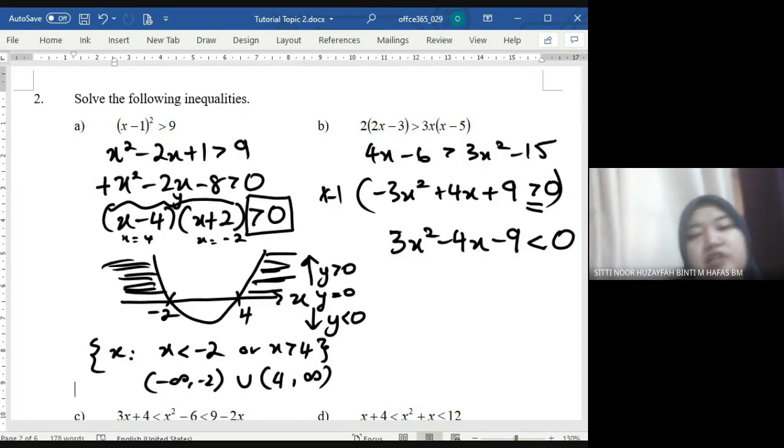Barulah kita lukis kita punya graf. Okay, kalau tekan kalkulator, root dia apa ni? Dapat tak root dia apa? Nilai x, 3x² − 4x − 9. Tekan kalkulator, tahu tak nak cari root dia macam mana?